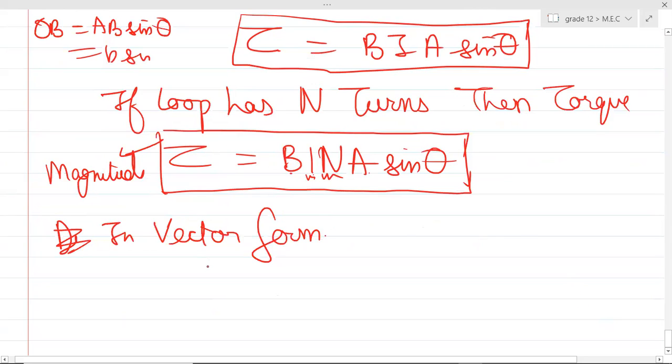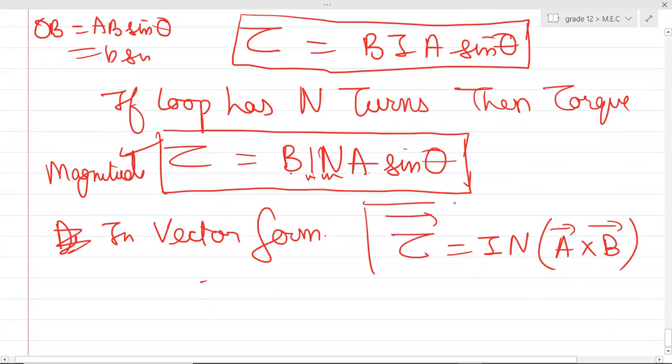So basically in vector form, the same formula is written like this. Torque is equal to I into N outside, and this will be A cross B. Is this clear? I N A cross B.